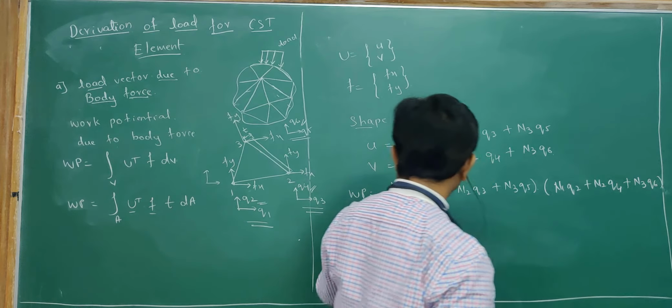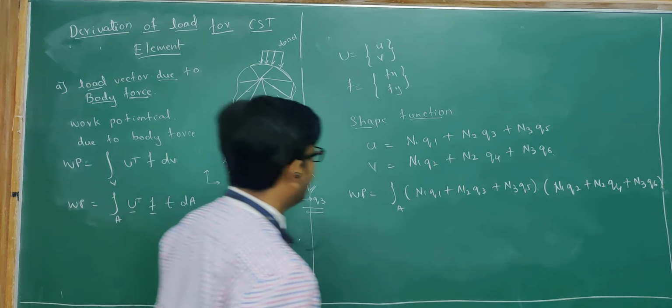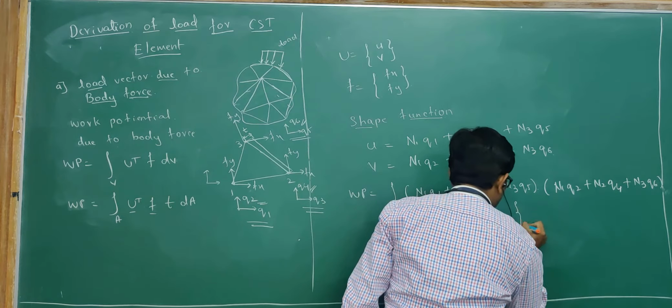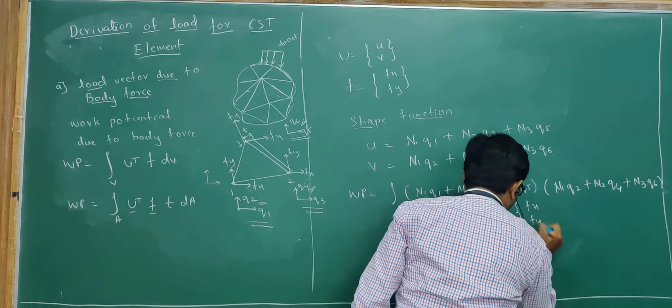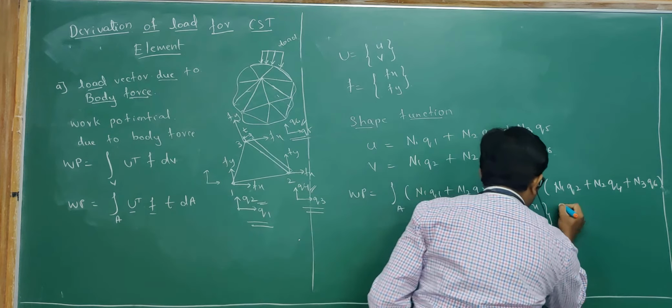We have written the equation for the u transpose. Next we will be writing for the F. F is basically given as Fx and Fy. What is remaining here? T into D.